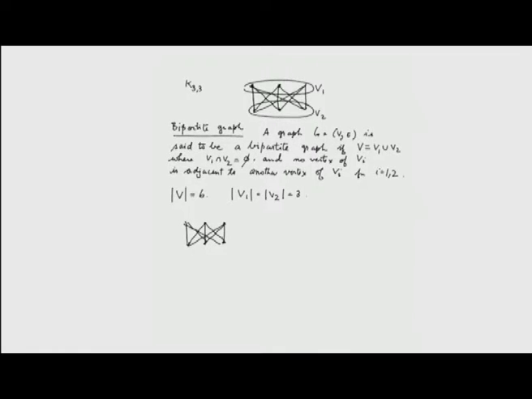Now, what we would like to prove here is that K3,3 is not planar. Now, it is not difficult to check that K3,3 is isomorphic to a graph like this.